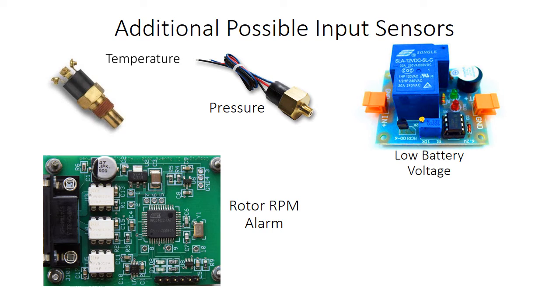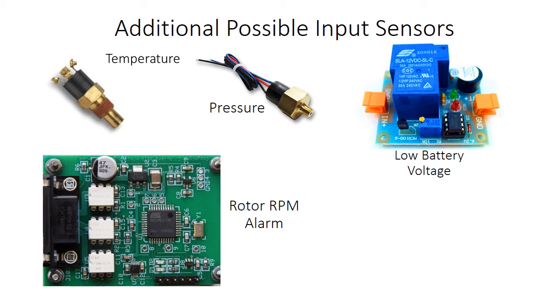And then if you didn't want to get UMA indicators, you could head down to the auto shop and probably find yourself pressure and temperature switches, which typically go for like 15 or 20 bucks. Those could just as easily be driving some of the inputs to my CAS, and they would work just as well as the indicators.